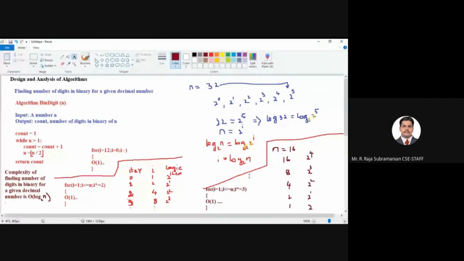Base 3, sir. Yes, that is big O of log base 3 n. Why am I saying base 3? Each time it is going to be multiplied by 3, so I can just take log base 3. If it is 4, you will say log base 4. If it is 6, say log base 6 and so on. Now for any for loop, you are able to categorize how the complexity will go, right?